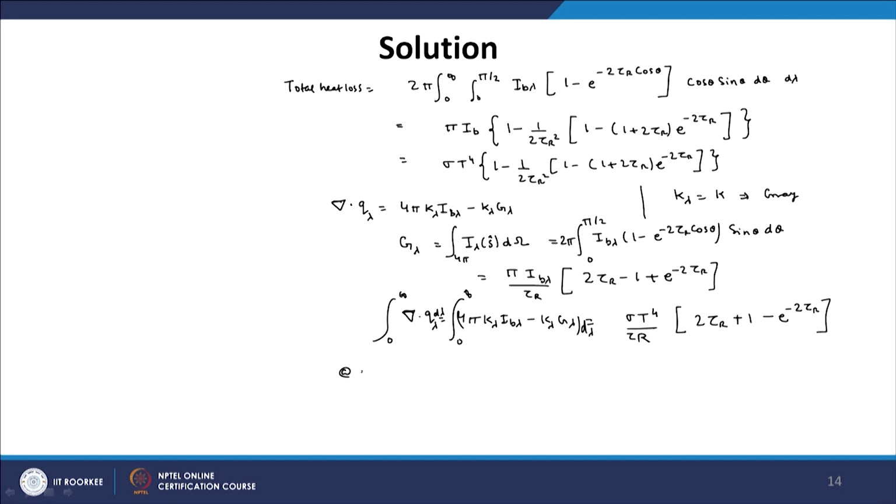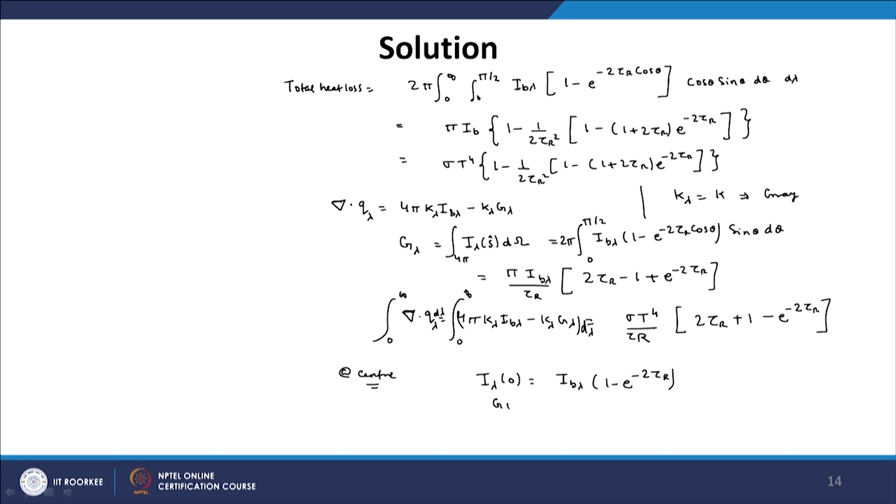Now, at the center of the sphere, we have intensity I lambda. From the expression, the intensity is equal to I_B lambda times 1 minus e power minus 2 tau r. So, this is the magnitude of intensity of radiation at the center of the sphere, and this is going to be isotropic. Okay, it will not depend on theta.